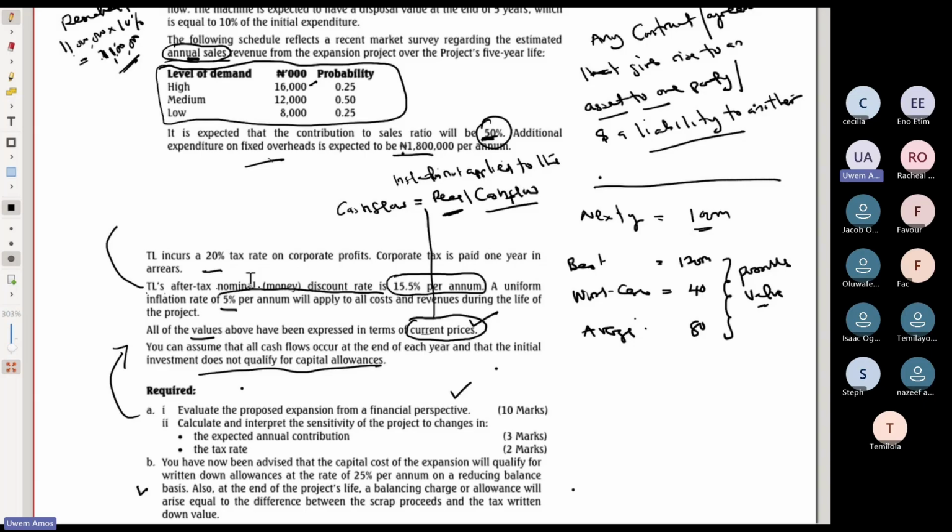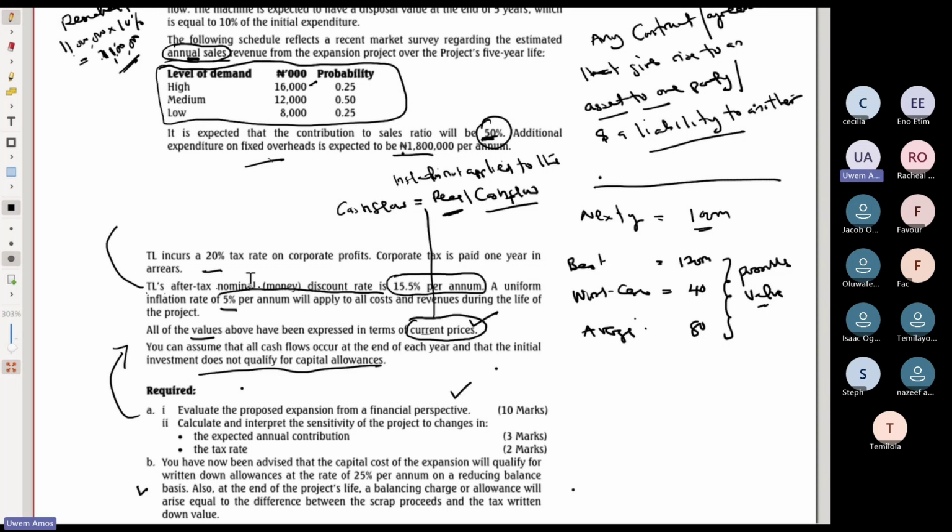All of the values have been expressed in terms of current prices. That is highlighted. We explained that last week. So when we say current prices, we mean they are all real cash flows, and they have not been adjusted for inflation, or inflation has not been applied to those values.